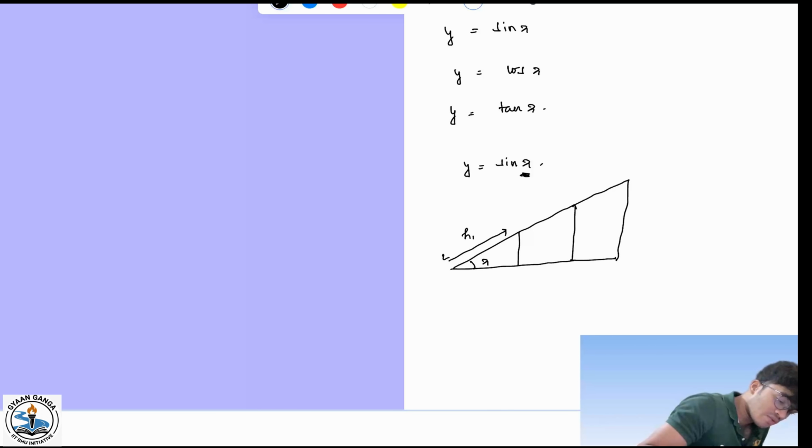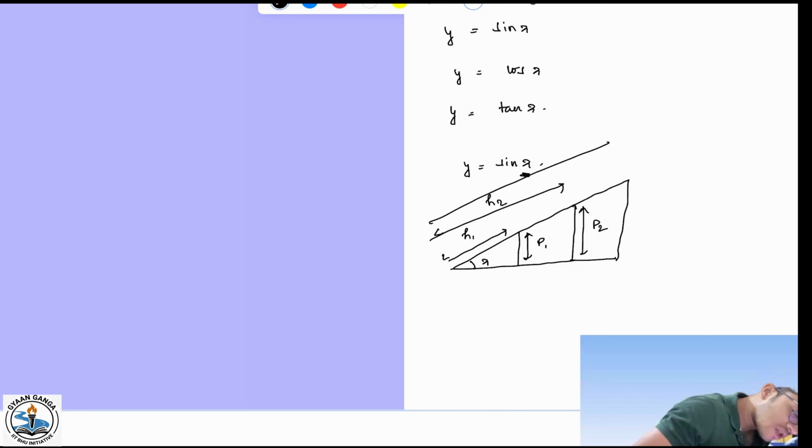Let's say this be h1, hypotenuse 1, and this be the perpendicular p1 for triangle 1. This be h2 and p2 for the second triangle, and let's say the last one be h3 and p3.